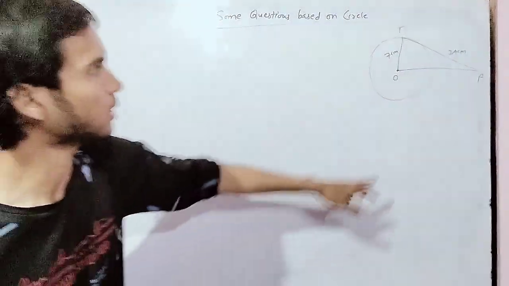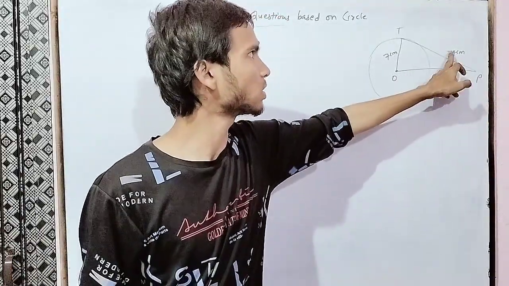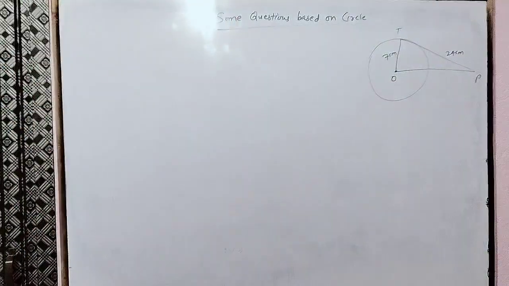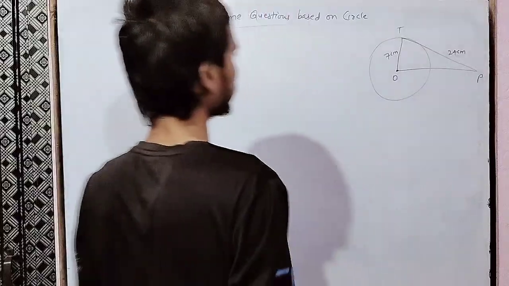Question is saying that we have to find the measure of this, which is the hypotenuse. This is the hypotenuse, this is the base and this is the perpendicular. So we will subtract this from this to get the measure of OQ.